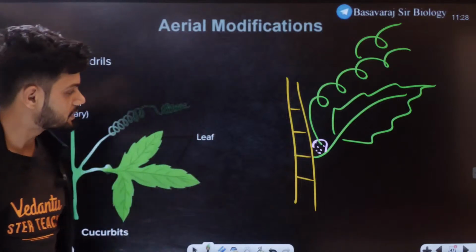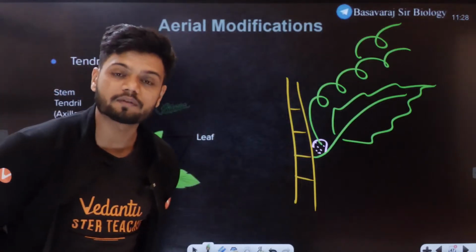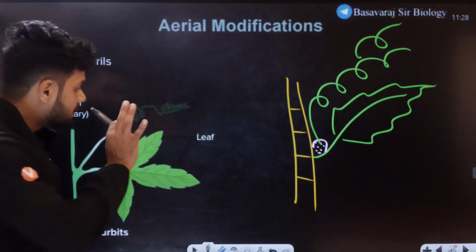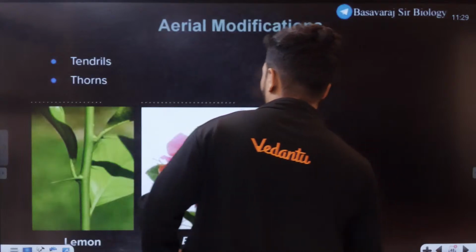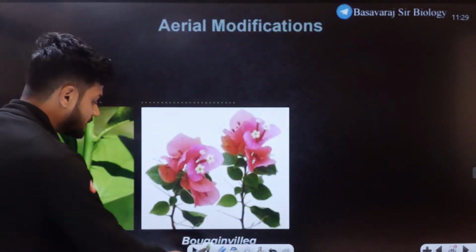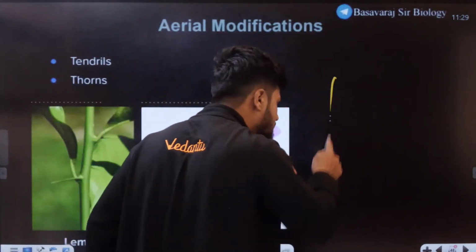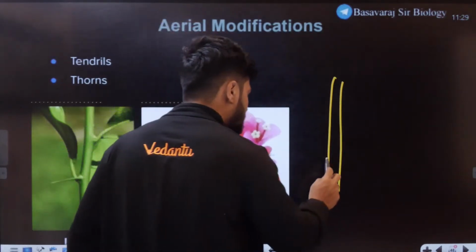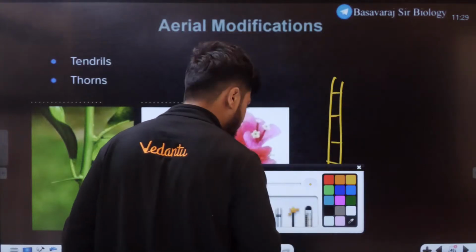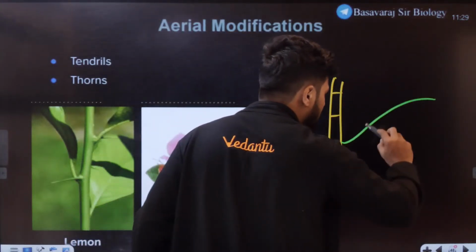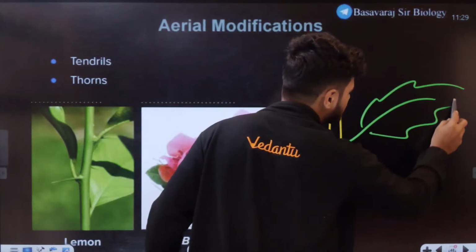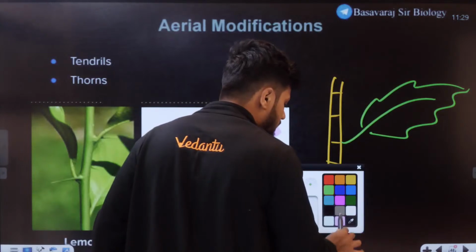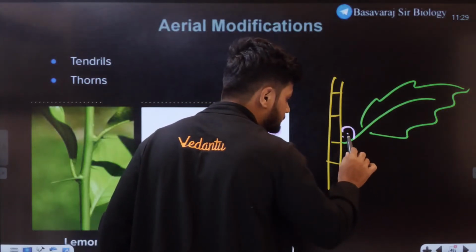That is tendril. In Cucurbita you might have seen it, in pumpkin and grapevine. Now, similarly, what happens in the case of thorn? This is the stem, with nodes and internodes. At the nodal region we have the leaf, and here also we have the axillary bud.